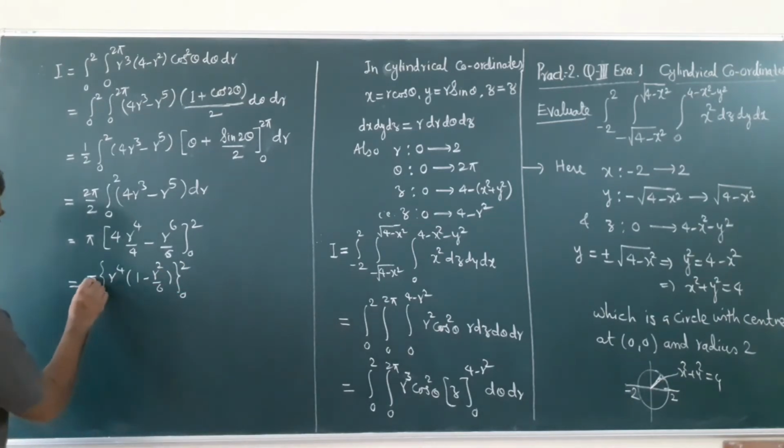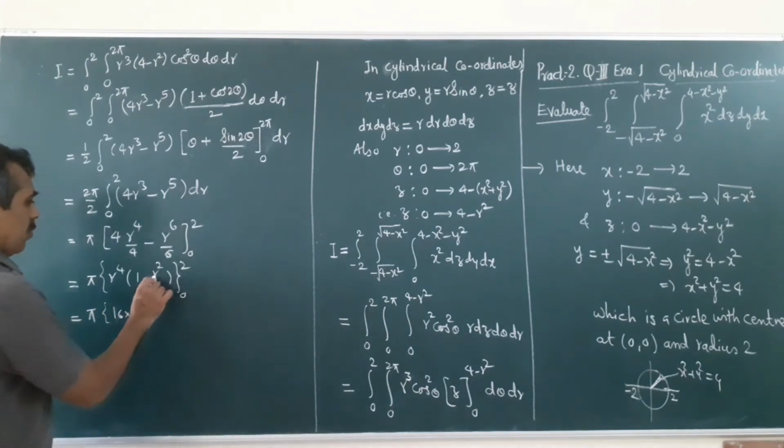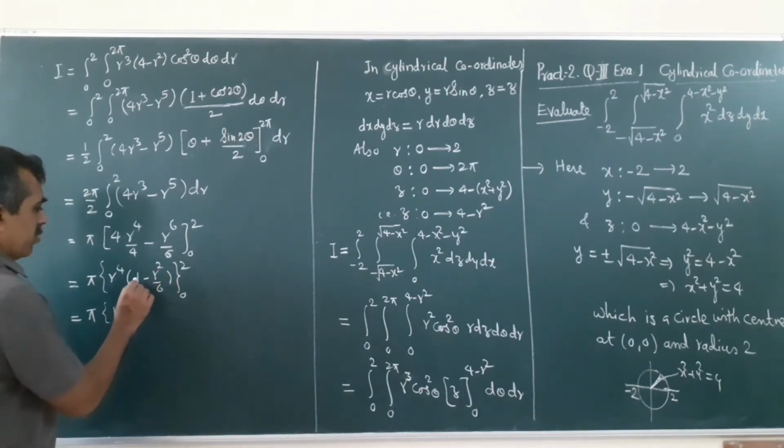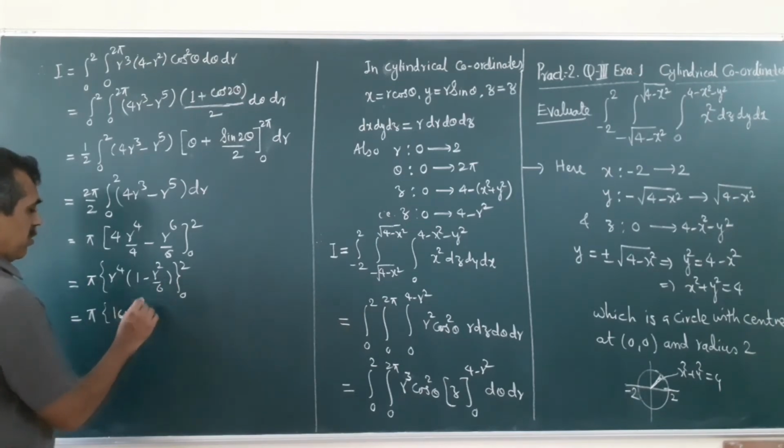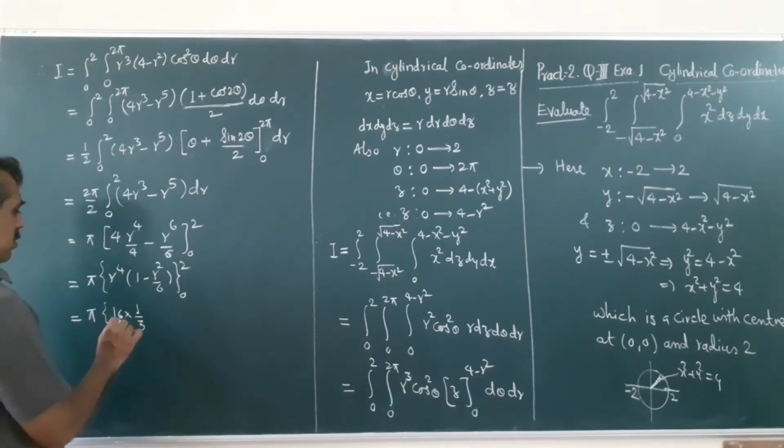So the only thing you have to bother about is 2. So this is pi, 2 raised to 4 is 16, into 1 minus 2 square 4 by 6, 4 by 6 that is 2 by 3. So 1 minus 2 by 3 is 1 by 3.